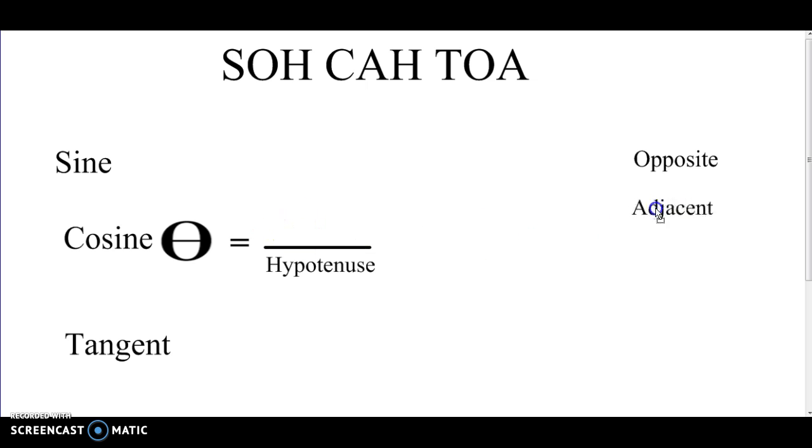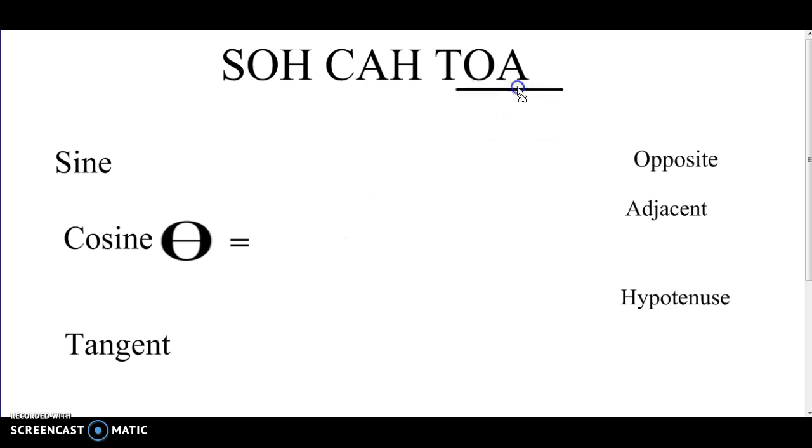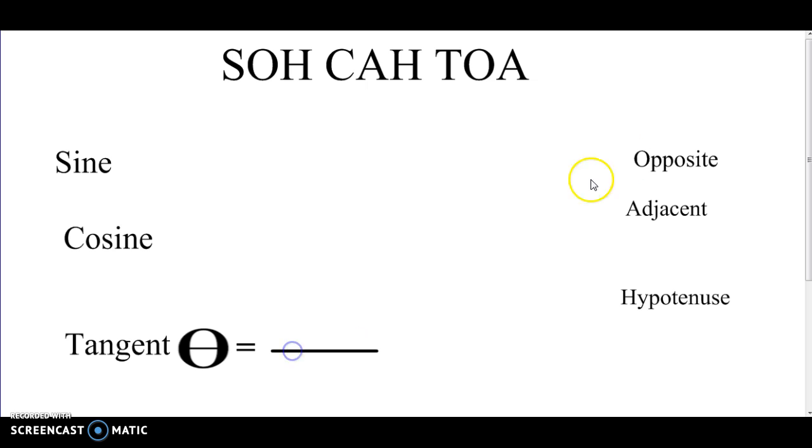And then last, but certainly not least, is TOA, which is tangent. So tangent of theta, again, tangent of an angle measure, is equal to the opposite side length over the adjacent side length.